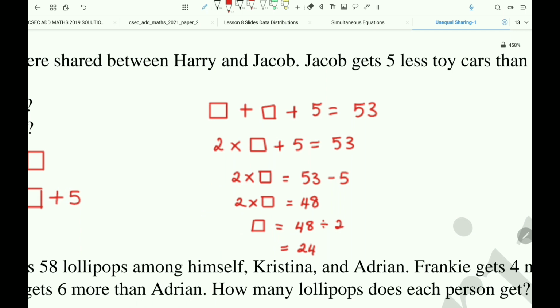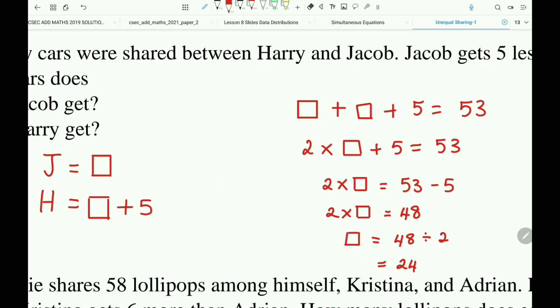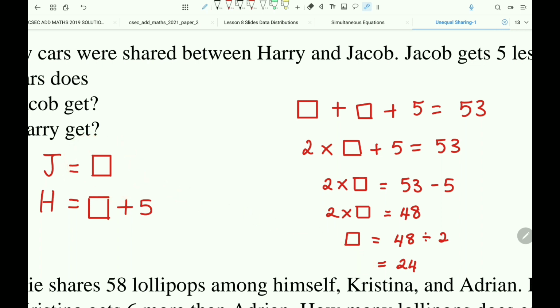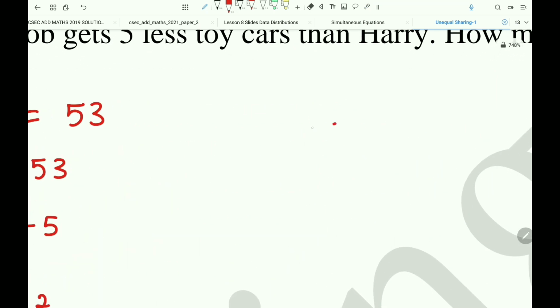And do you remember what we said box was? Box was Jacob's amount. And we have here that it's equal to 24. So that means that Jacob would have gotten 24 toy cars.